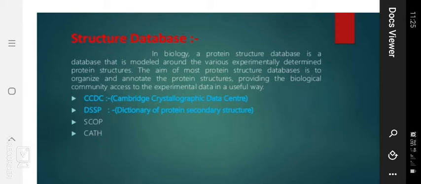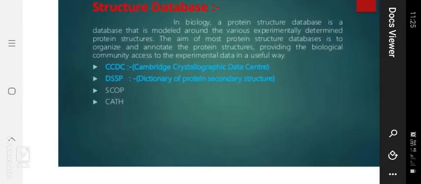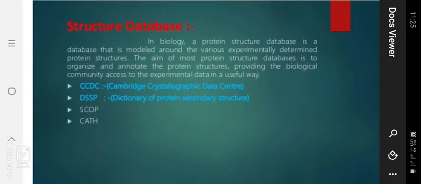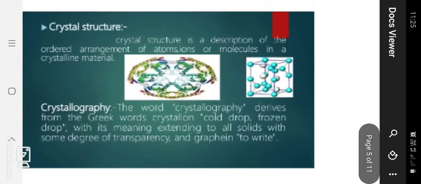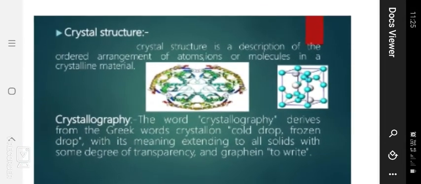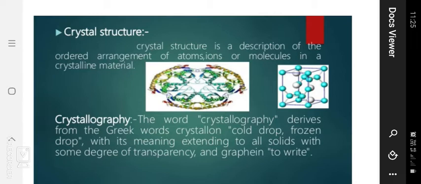The CSD means Cambridge Structural Database. CCDC means Cambridge Crystallographic Data Centre. Now, a crystal structure is the description of the ordered arrangement of atoms, ions and molecules in a crystalline material.